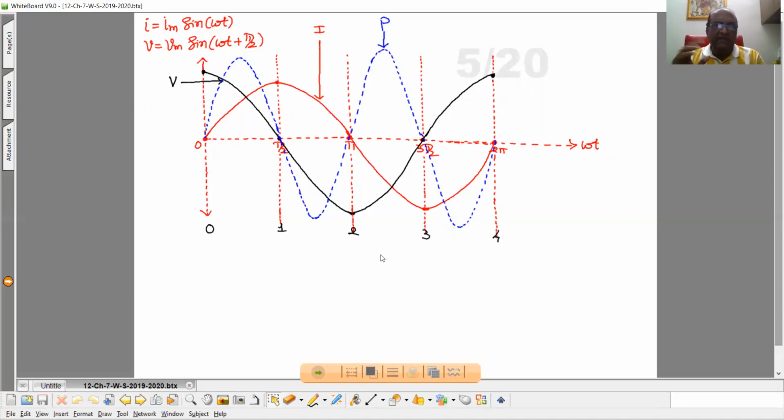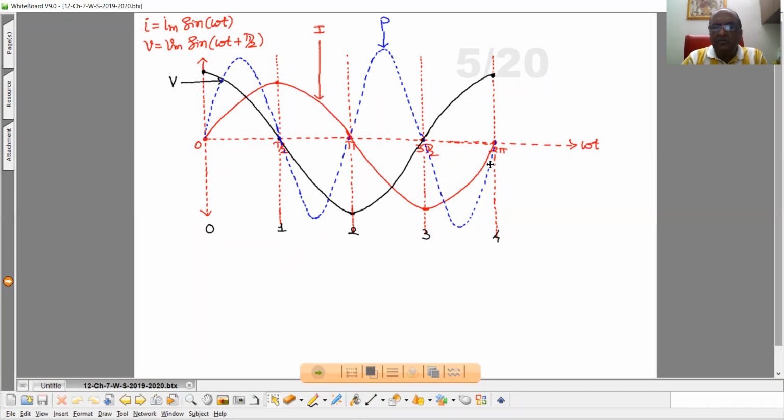Now see here what happens. When we take the value of omega t as pi by 2, then omega is 2 pi by T, so small t you will get capital T by 4.